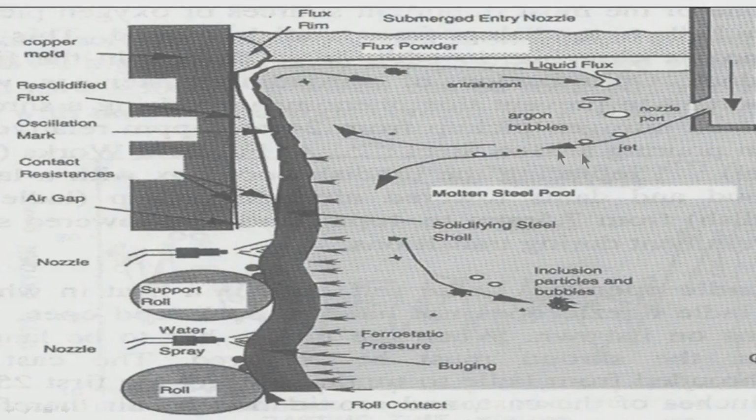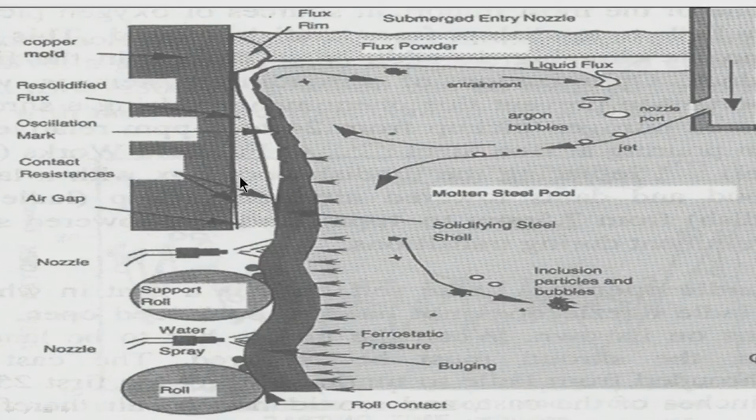The liquid steel is supported by the solid shell here. Thus, the solid shell must have adequate strength, otherwise there will be rupture of the solid shell and there will be a breakout, and there will be chaos. The whole casting has to be interrupted. The casting floor will be flooded with liquid steel. There might be an accident. We have to be very, very careful about that. So, the shell thickness is very important.